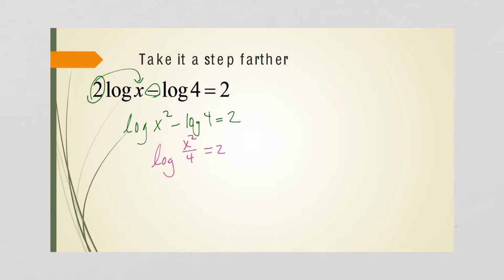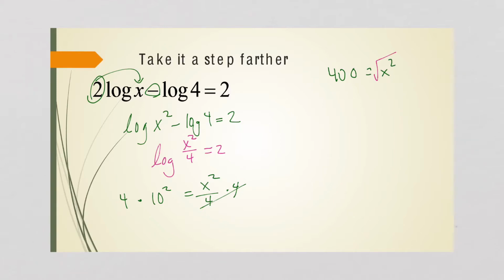From this point, I can do my normal solving. So I am going to change this to an exponential. So 10 squared equals x squared over 4. Multiply both sides by 4. Those are going to cancel, and I end up with 400 equals x squared.